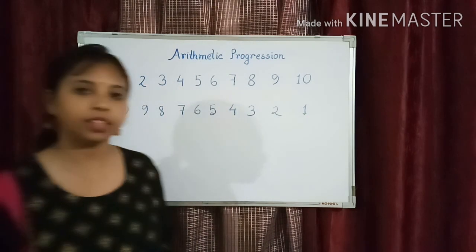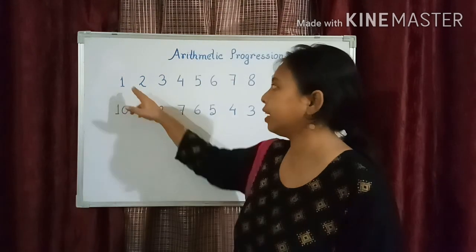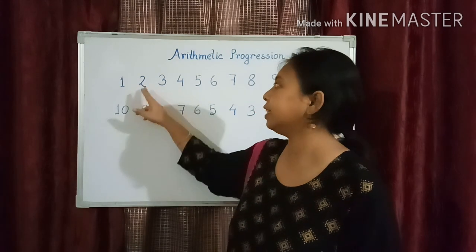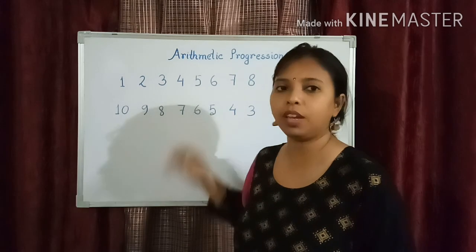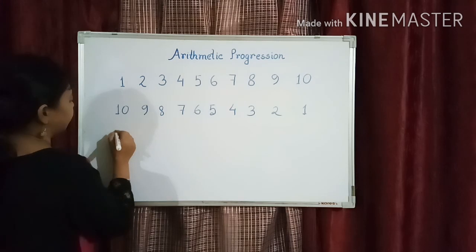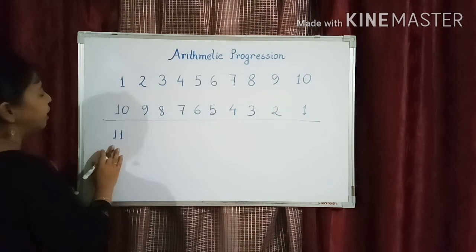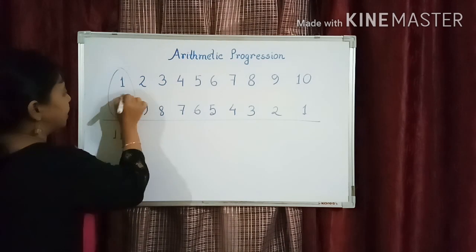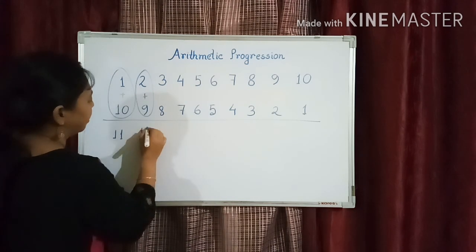Okay. After that, I will add each pair of terms. Here 1 and 10, the first terms I will add. Then 2 plus 9 I will do. Then 3 plus 8 I will do. In this way, I will go on adding. So if I add, you look, how much will I get? 11. 1 plus 10 will be 11, 2 plus 9 also will be 11.